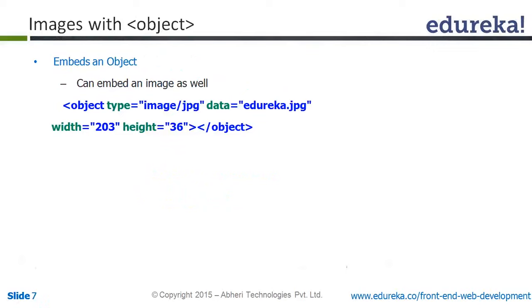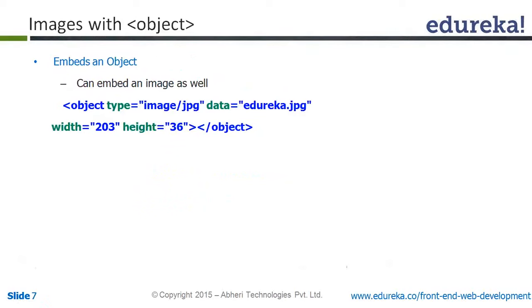For example, for SVG, you may have to use the object tag. And for SWF, Shockwave files, you don't have any tag associated with it, so in such a case you can embed the SWF file using object.